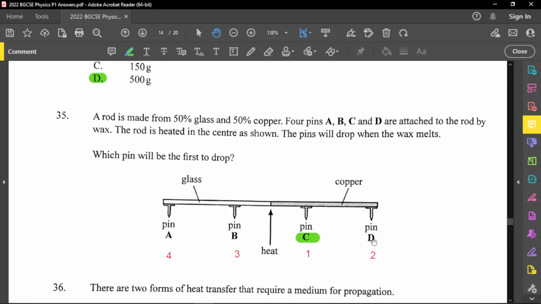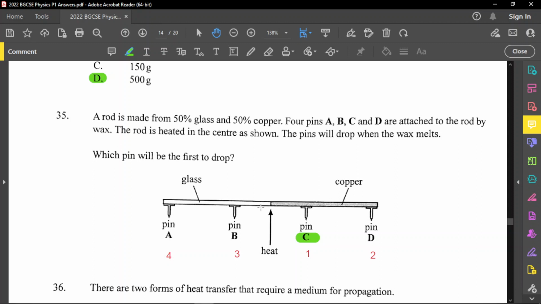And then I have pin D, and then pin B will be the third, and then pin A will be the fourth. But a point to note right here: we're going to consider that no heat was transferred through radiation to the wax holding on the pin. So technically, because the heat source is right here, B could fall off before D. But the way I put D as the second one is that we consider heat to be transferred only by conduction.